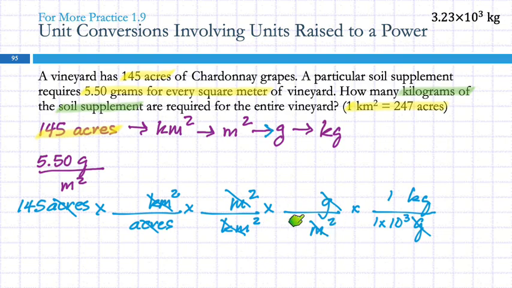So that's this one right in here. So grams had the 5.50 and the meters didn't have a number. If you really want there to be a number, it's going to be 1. And then this one, those 2 units fit with this guy. So 1 square kilometer, 247 acres, because they gave that to us.